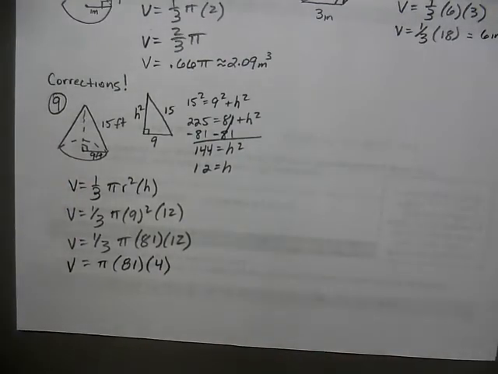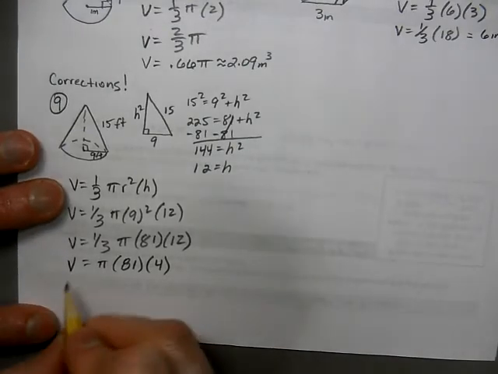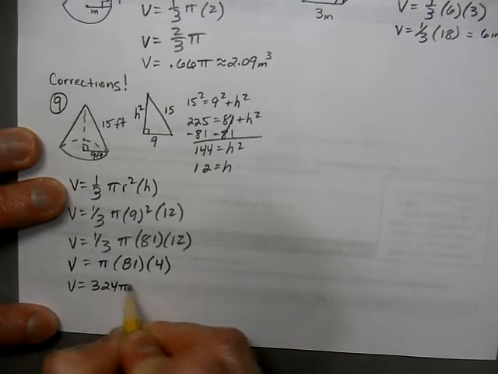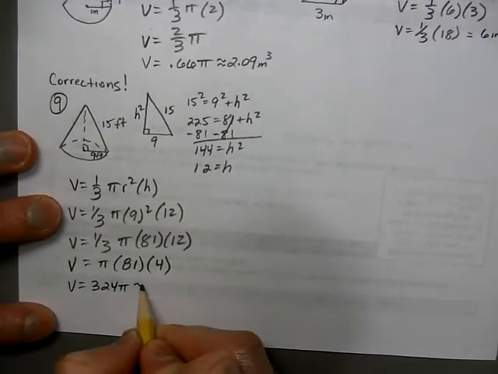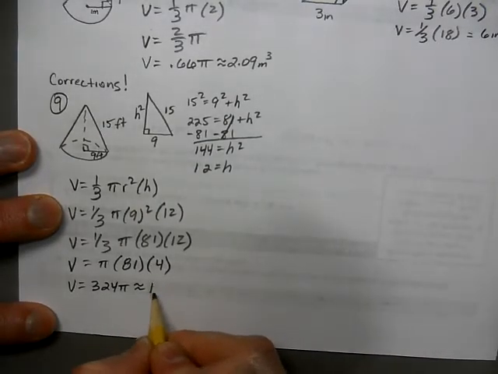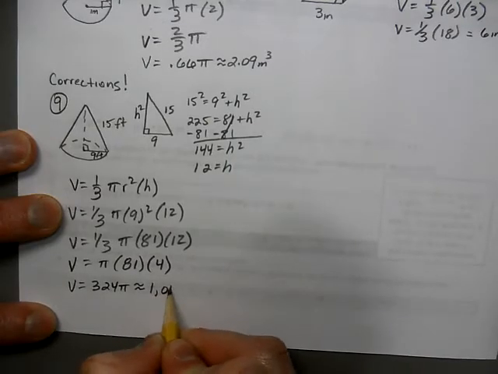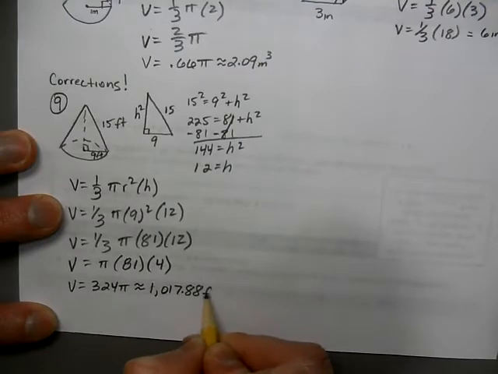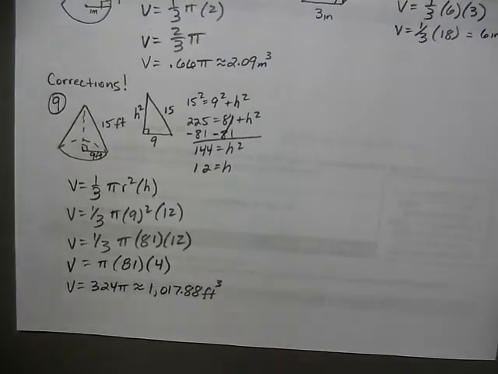I'll take 1/3 of the 12. So now we're going to have 4 times 81. So there would be your exact answer. And we can multiply that by pi and come up with 1017.88 feet cubed.